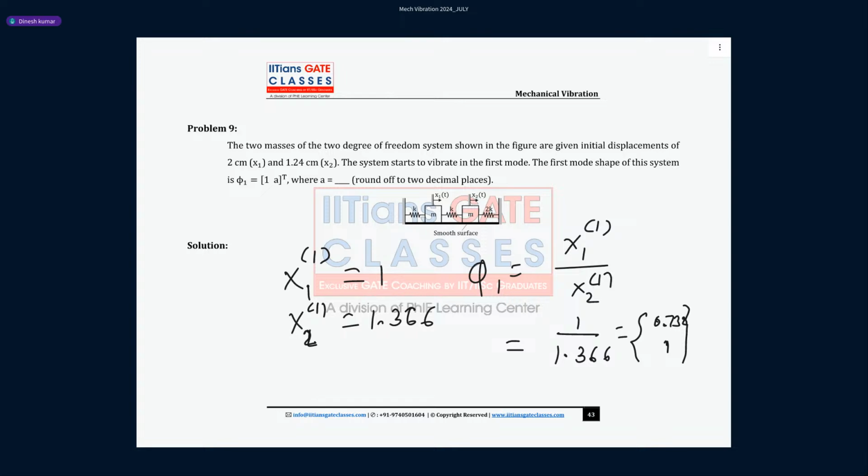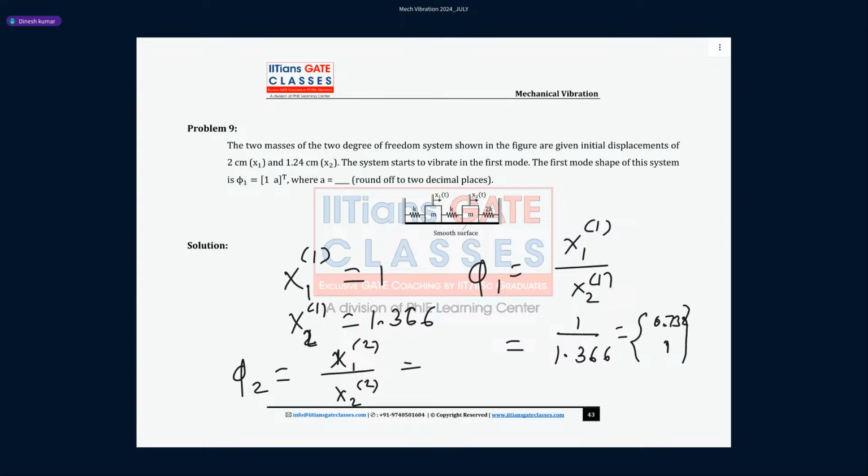Same way, guys, if your system was vibrating only in second mode, what did we get? Let me write here, x1 for second mode upon x2 for second mode.